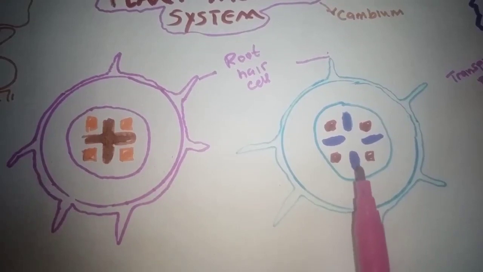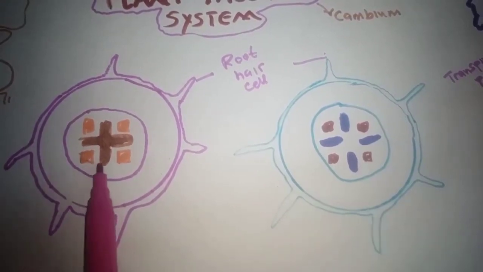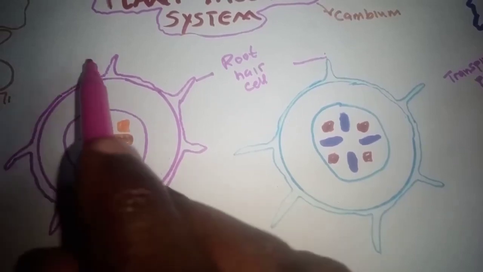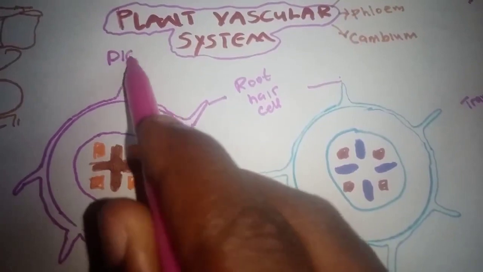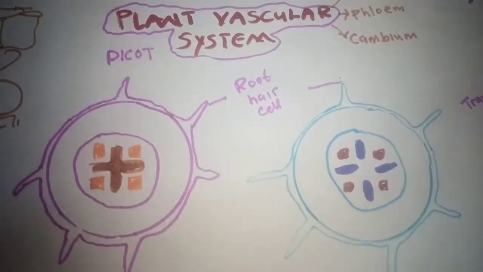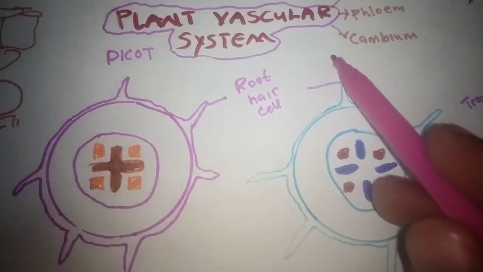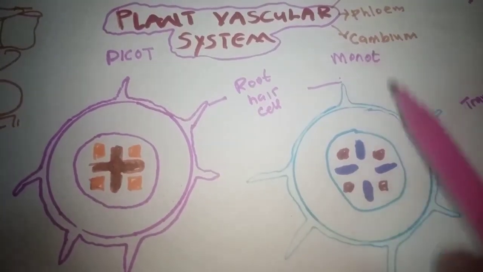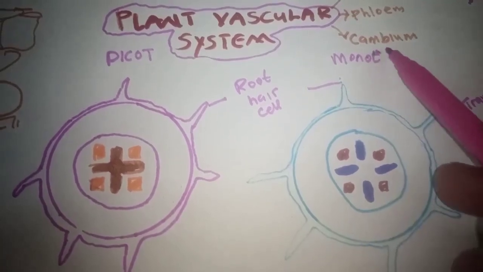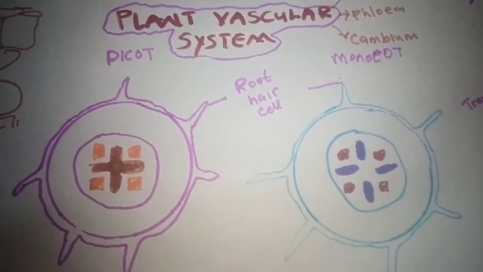The dicot is identified because it has a star-shaped xylem. So this is a dicot because of the star-shaped xylem. That means this one is a monocot. But they are both roots.